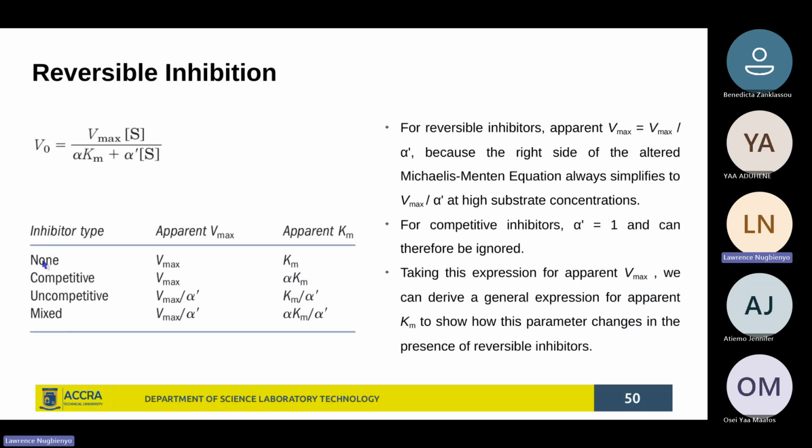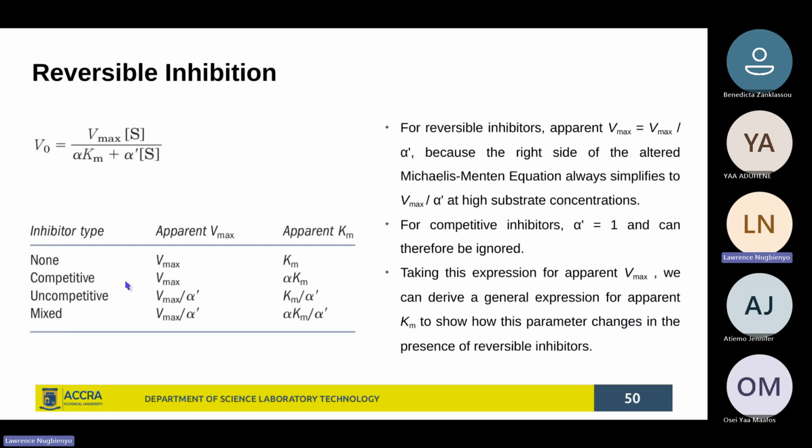So the first one is none, meaning no inhibitor in that reaction. You have a maximum rate of reaction, which is Vmax, and you have the Michaelis-Menten constant, which is the concentration of the substrate at which you reach half of the maximum rate of the reaction.